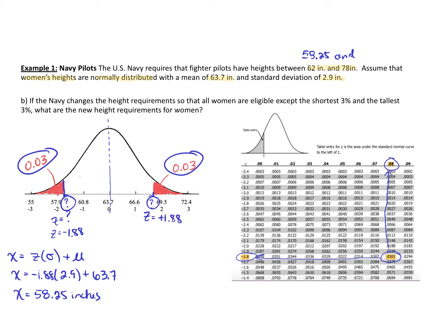So now if I use the formula for calculating that x value, I'm going to use positive 1.88 times 2.9 plus 63.7, and then that's going to give me 69.15 inches. So then that changes the new height requirement from 78 inches to 69.15 inches.